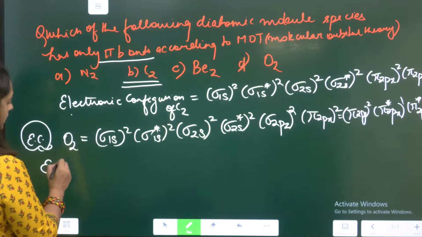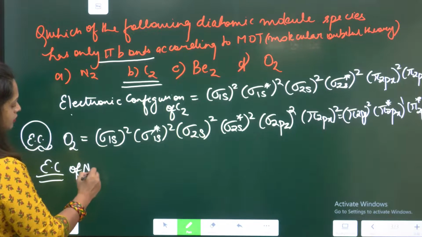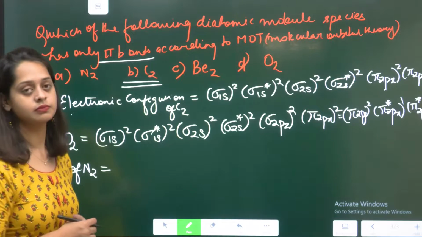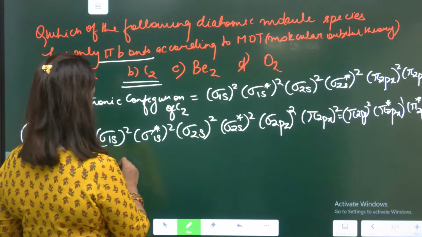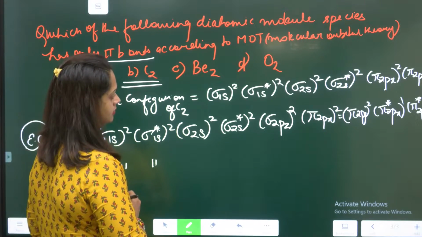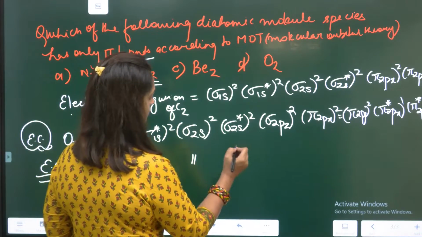So how will it be different from the electronic configuration of N2? Sigma 1s2, I'm not writing, I'm just doing ditto, okay? Then sigma star 2s2, pi 2px2.